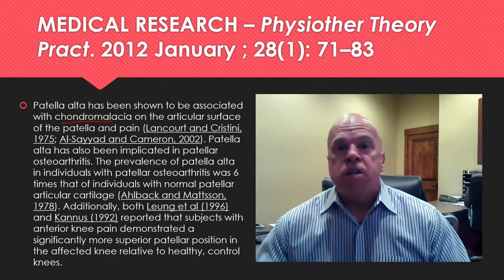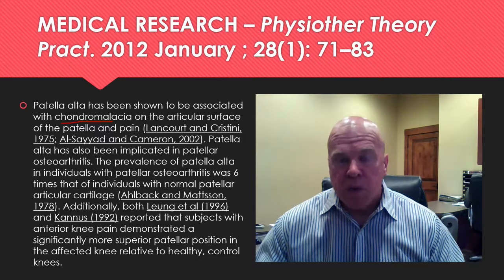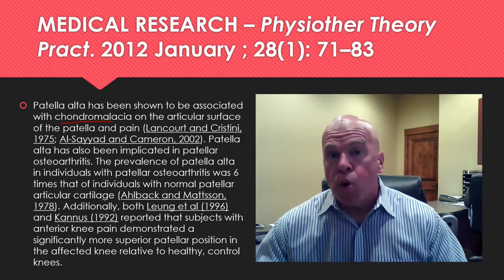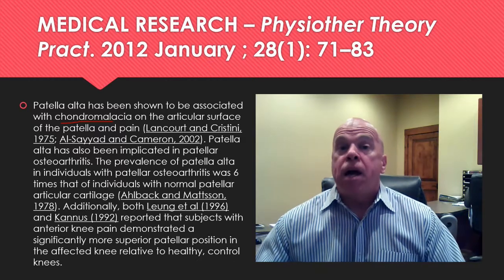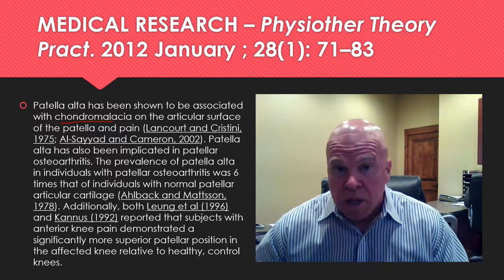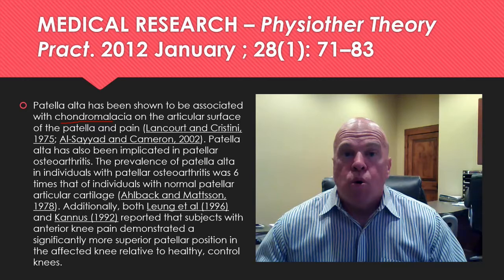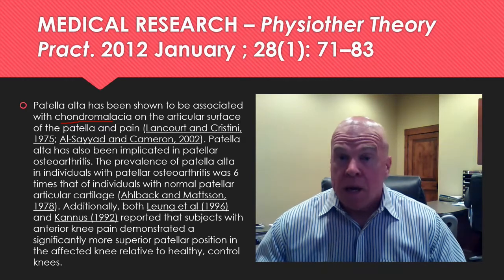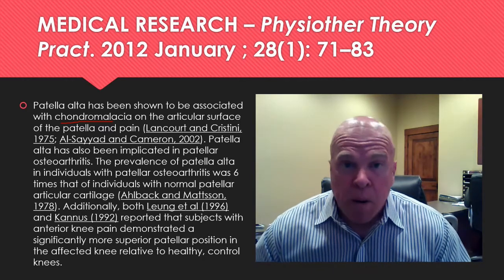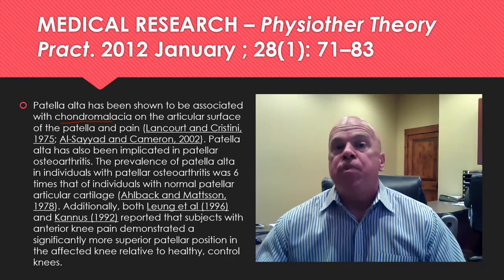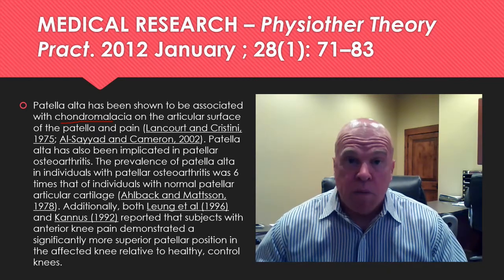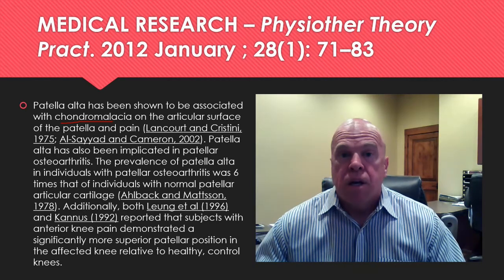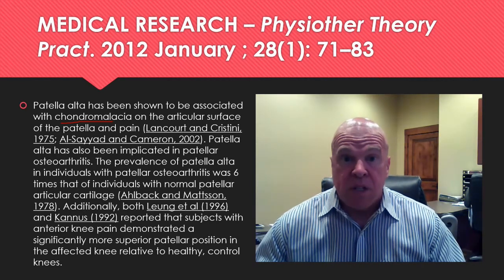So you're starting to see a picture where this examinee's patellofemoral pain has more to do with pre-existing conditions of the knee, perhaps, than due to the industrial injury. So while this examinee may qualify for a permanent impairment rating due to patellar instability, that permanent impairment rating will be subject to some portion of apportionment due to pre-existing condition of patella alta.